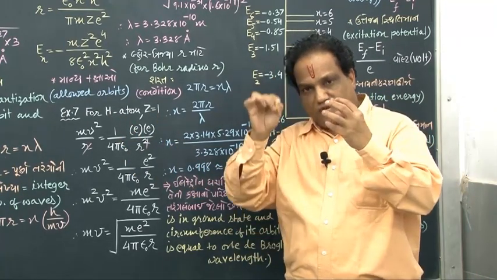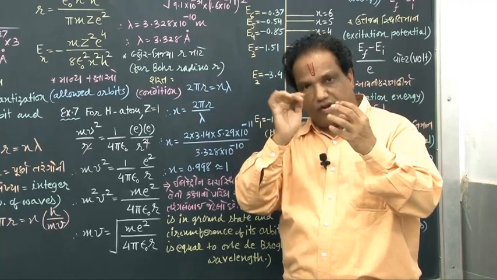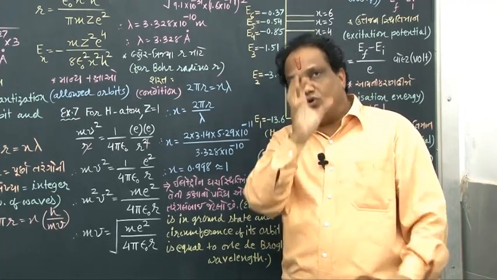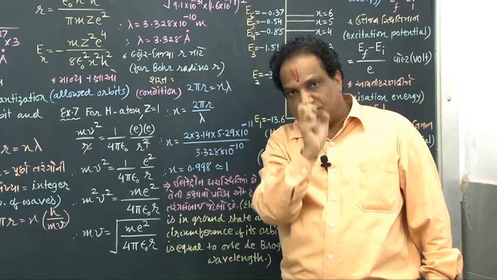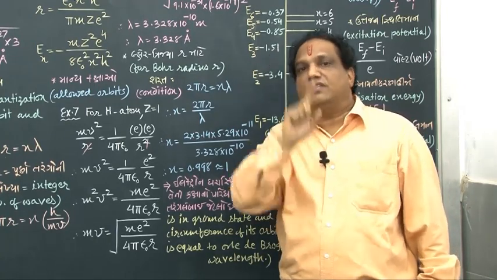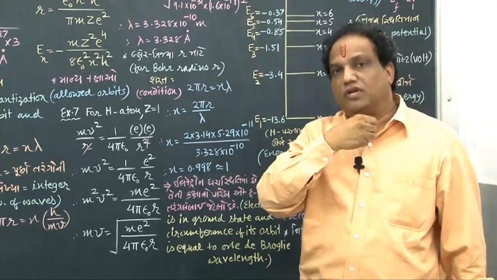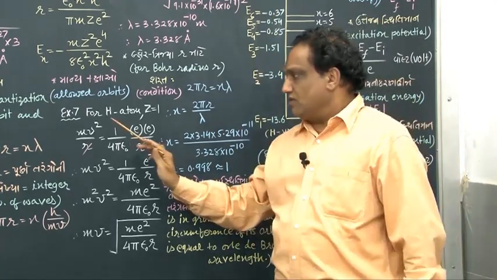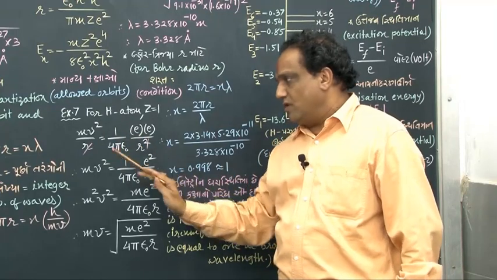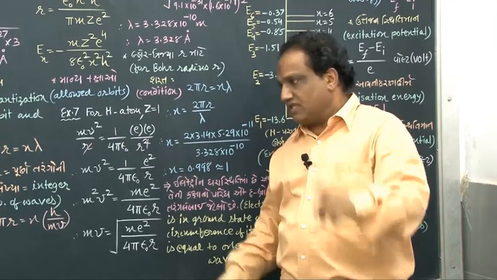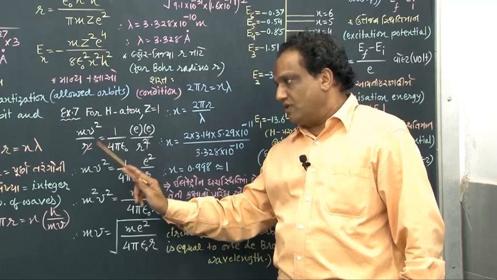When the electron is revolving in a circular orbit around the nucleus, the centripetal force required is provided by the electric force, which obeys Coulomb's law. We call it the Coulombian force. So right now the centripetal force is equal to the Coulombian force. The centripetal force is given by mv square upon r.